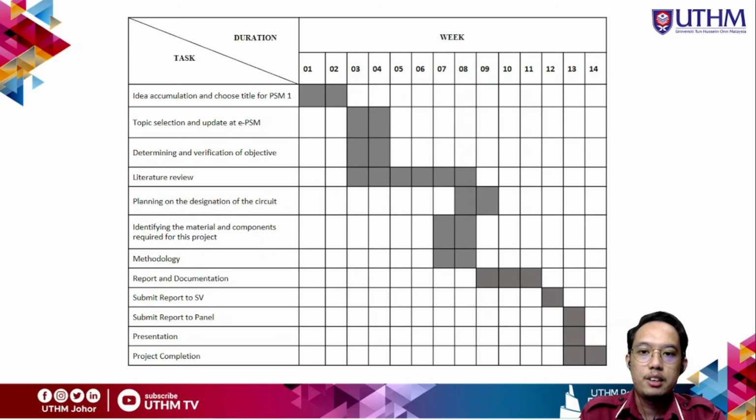Third is determine and verify the objective, literature reviews, planning on the design of the circuit, identify the material and components required for the system, doing the methodology to study the previous projects that have been done, report and documentation, submit report to the supervisor to be checked before submitting to the panel, submitting report to the panel, presentation, and project completion.